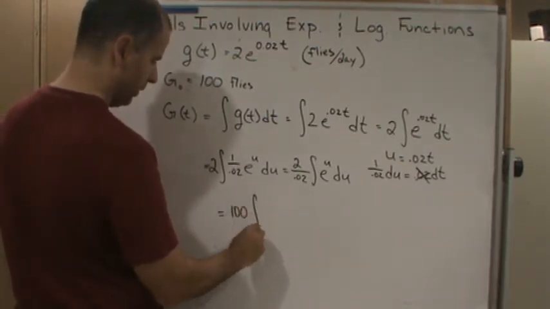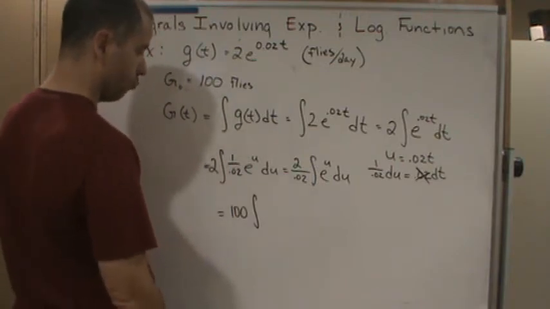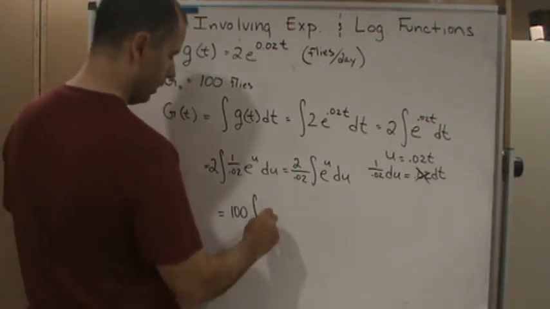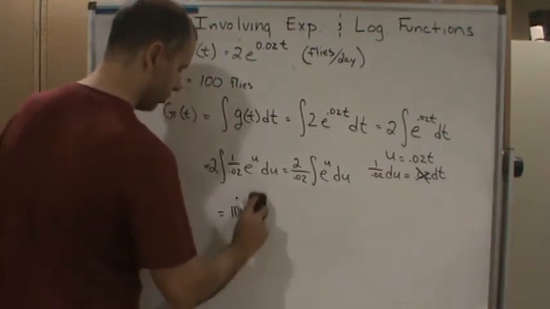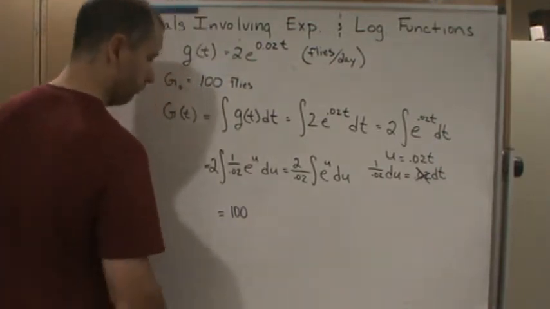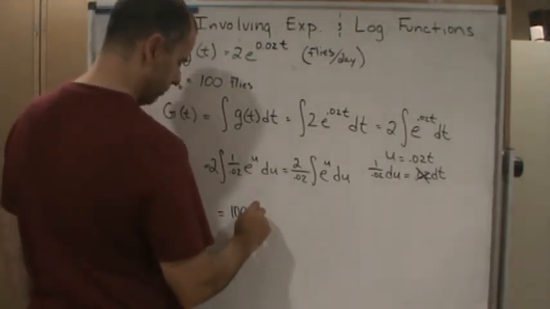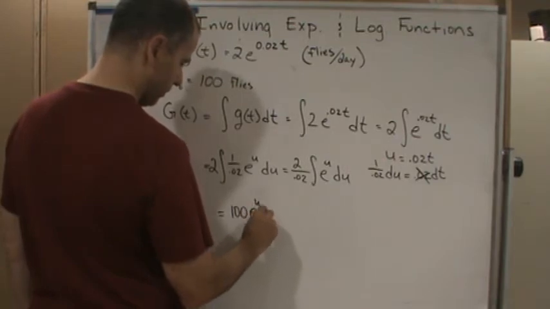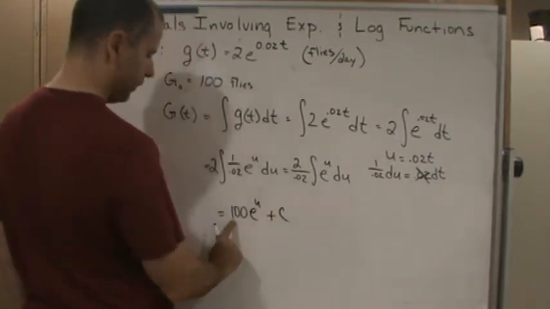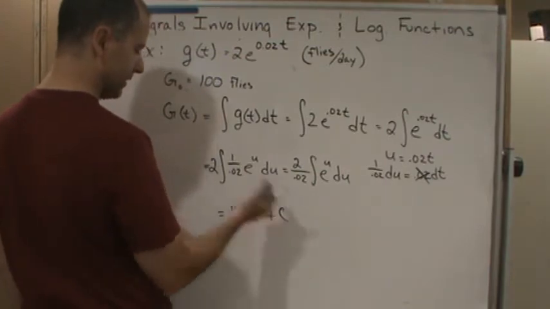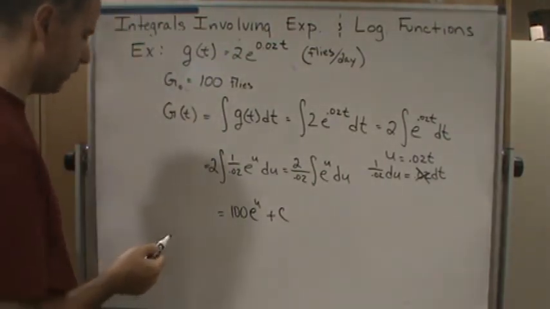This is just going to be 2 divided by 0.02, which is 100, times, what's the integral of e to the u? e to the u plus c. Even though I'm distributing across c, it's going to be absorbed by the c. It's just going to give another constant.